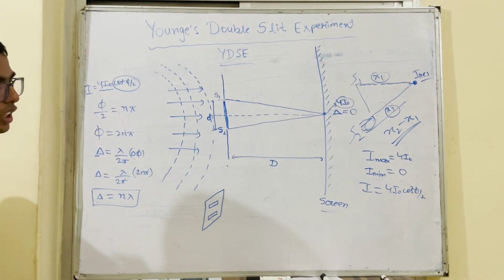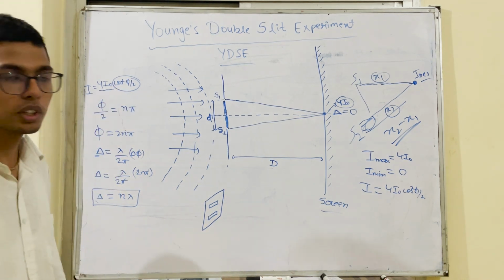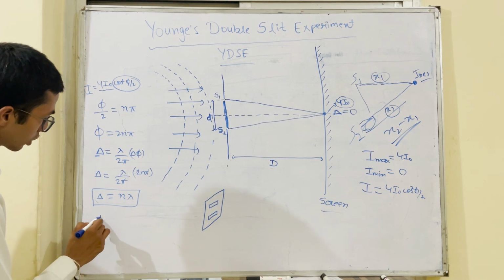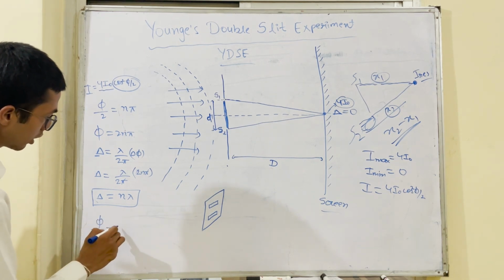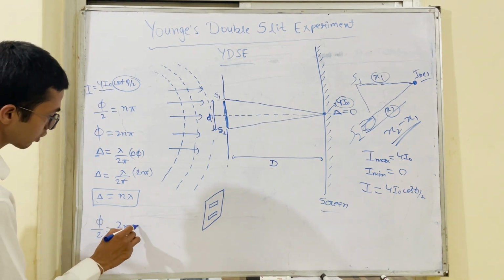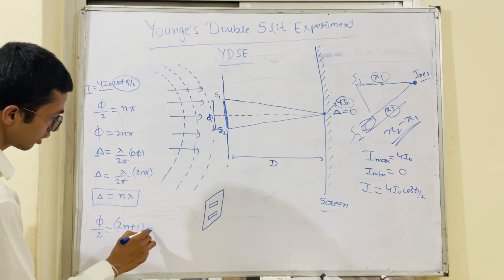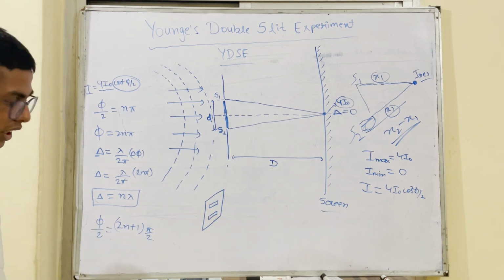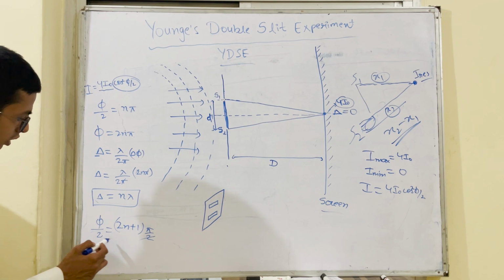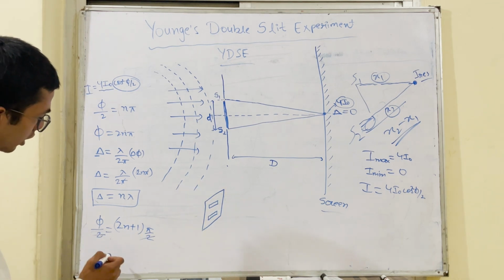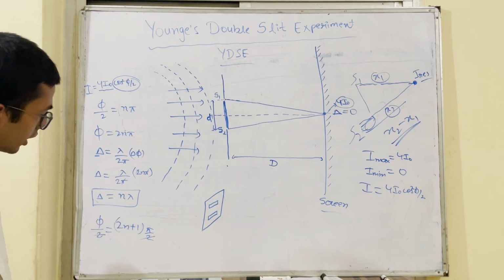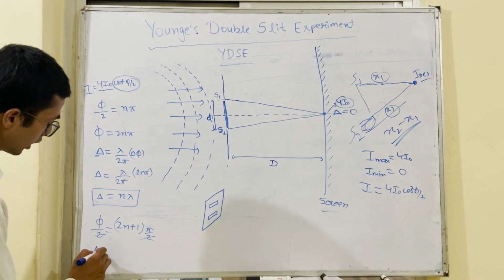Similarly, for destructive interference, this cos square pi by 2 should be 0. So pi by 2 should be 2n plus 1 times pi by 2. Correct? So this will cancel out and the phase difference should be 2n plus 1 pi. So what should the delta be?